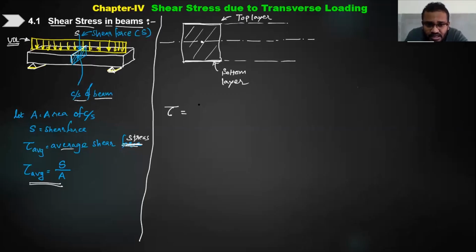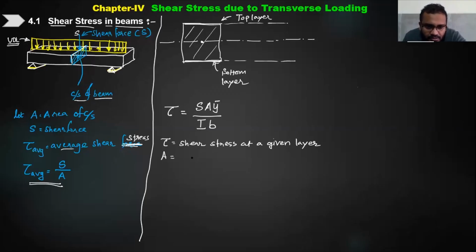The formula is tau equals S A y bar upon I into B. What are the terms involved in this formula? We'll try to understand one by one. So what is tau here? This tau is the shear stress at a given layer. A is the area of cross section.